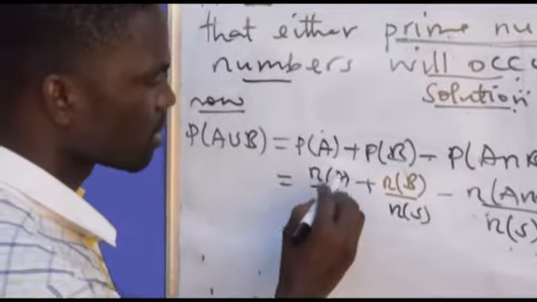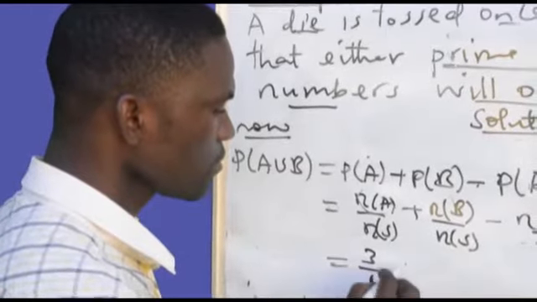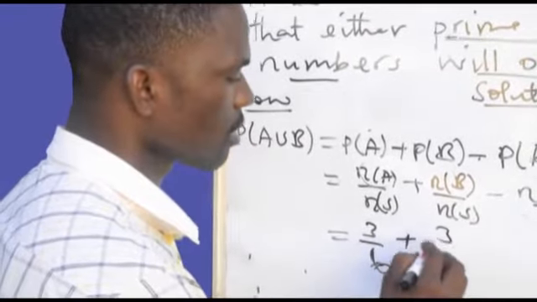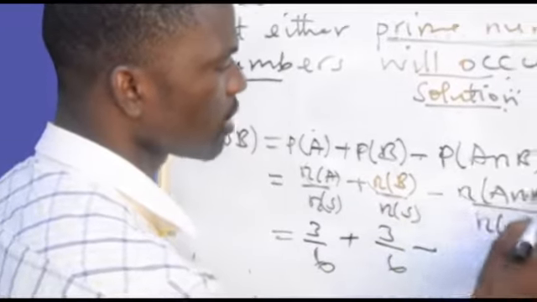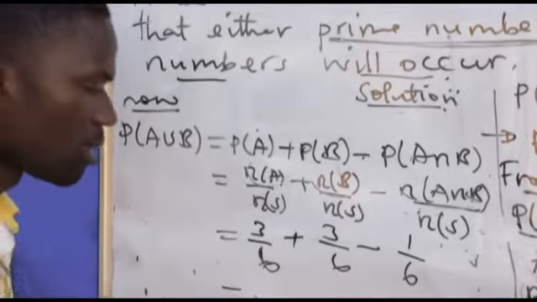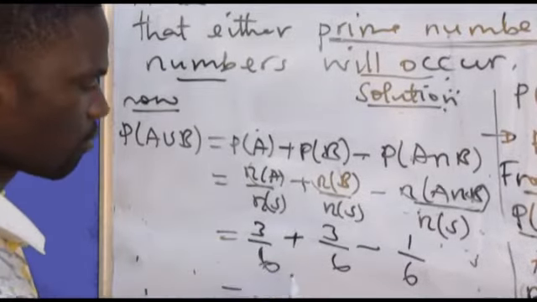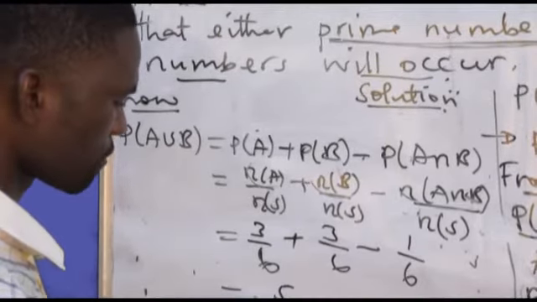So you plug the information here: 3 out of 6 plus 3 out of 6 minus 1 out of 6. You solve this math and you have 3 plus 3 minus 1, so you have 5 out of 6.